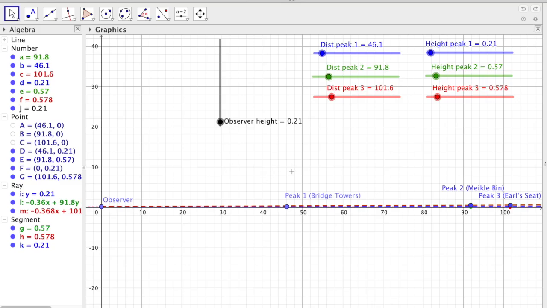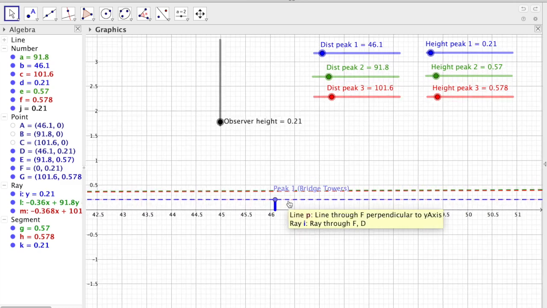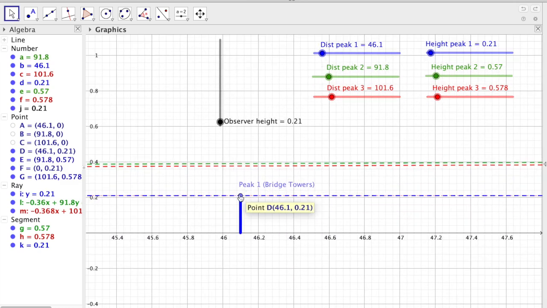So this is the flat Earth version. So let's have a quick look. Again, we see that if the Earth was flat, the two mountains that we've used as an example definitely should be above the line that we see from the bridge towers.